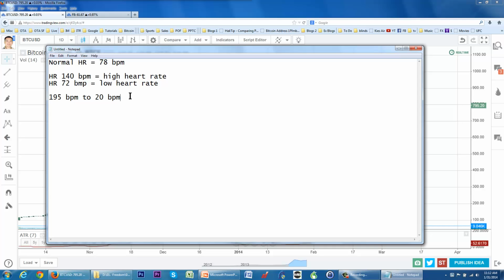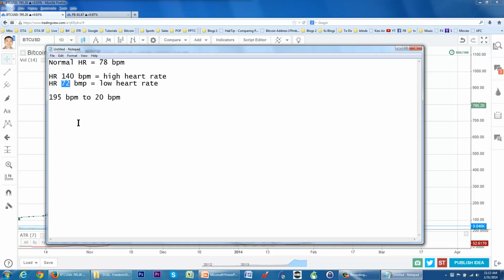Now, we know that the normal heart rate for me is 72. So when I saw that it was 195, and even during the most intensive exercises that I've ever done in my life as an athletic trainer, the highest I've gotten was like 180 or 185 for a very brief moment.